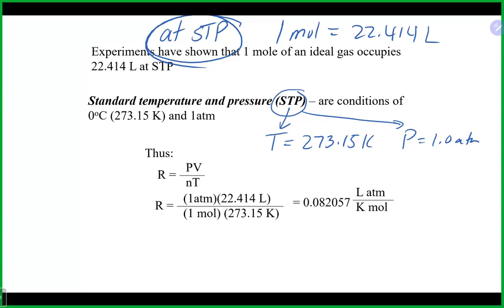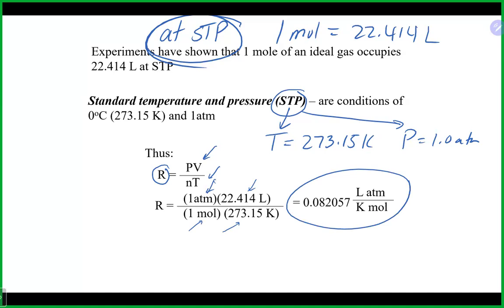By the way, this is where we get our R value. If we take the ideal gas law and solve for R, it will equal PV over nT. If you put in the values at STP, that would be 1 atmosphere for the pressure, 22.4 liters, 1 mole, and 273. That is where we generate our gas constant from.